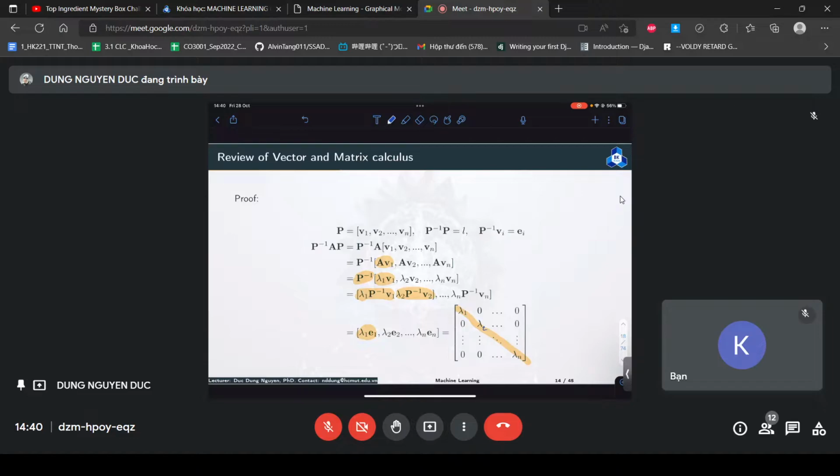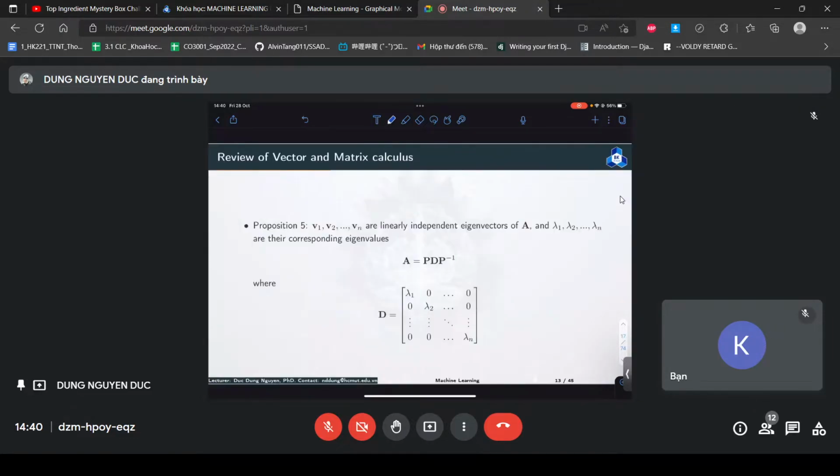And why does this conclude our proof? Because if you take a look at this one, I can multiply P minus 1 with A, and then I should have P minus 1 with P here. Those things will be the identity matrix, of course.